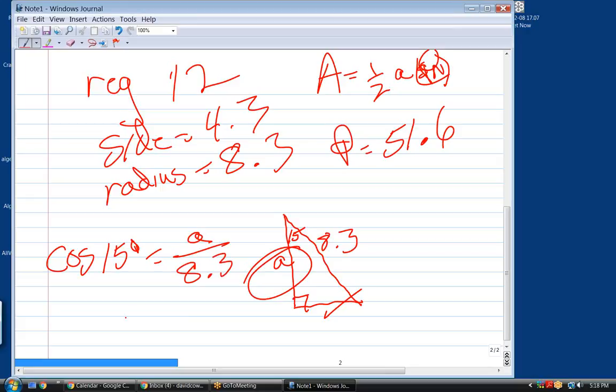In other words, A here is going to be 8.3 times the cosine of 15 degrees. And then once you get A, that's all you need. If you plug it in directly into that formula there, we've already got the perimeter.